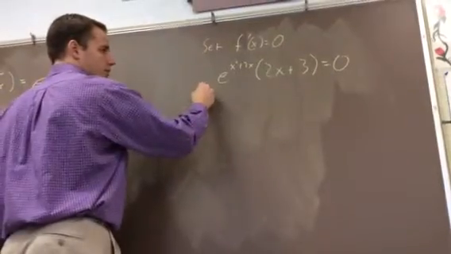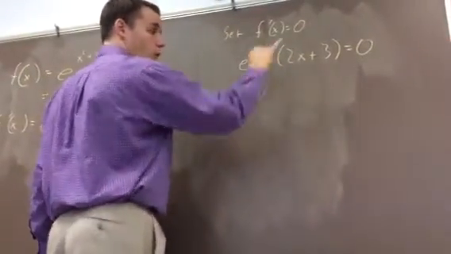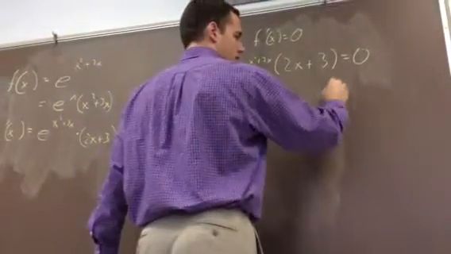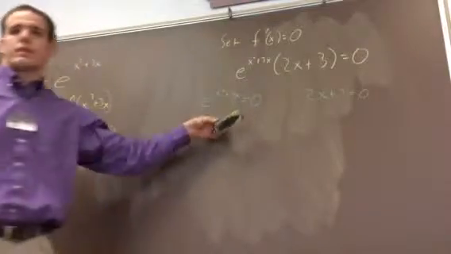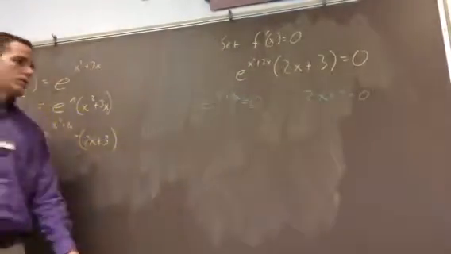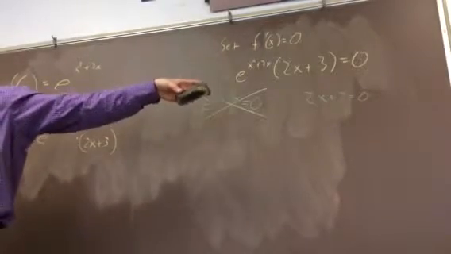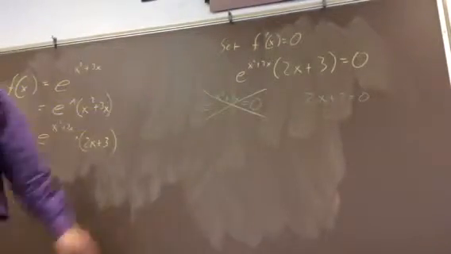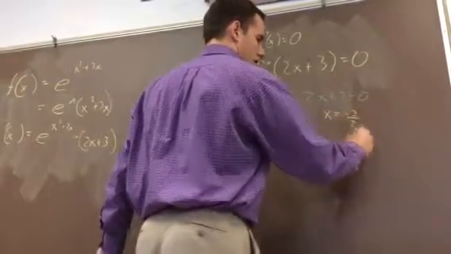When does e to the x squared plus 3x equal 0? Or, when does 2x plus 3 equal 0? Will this ever equal 0? No. When will that equal 0? Negative 3 halves.